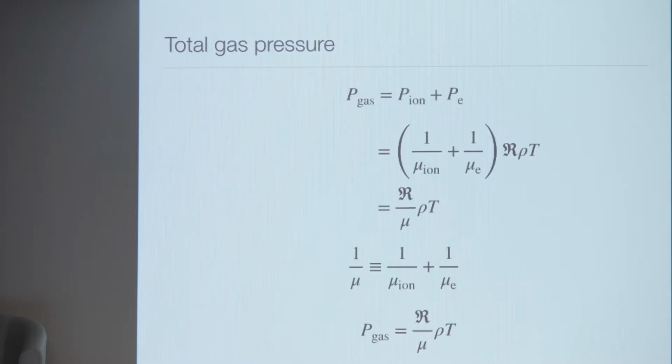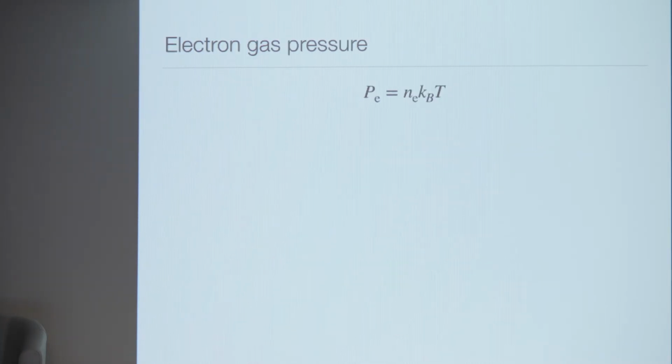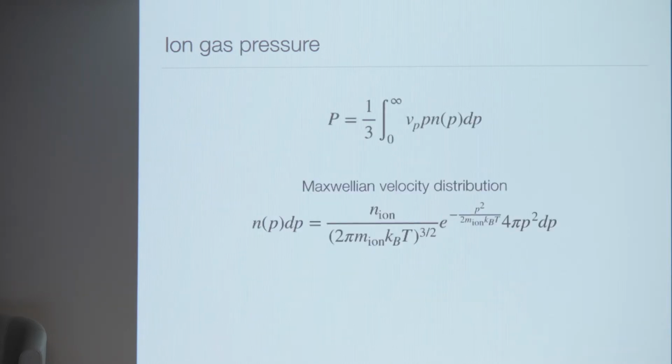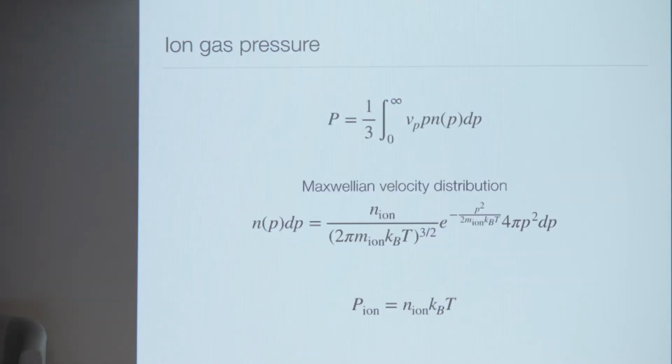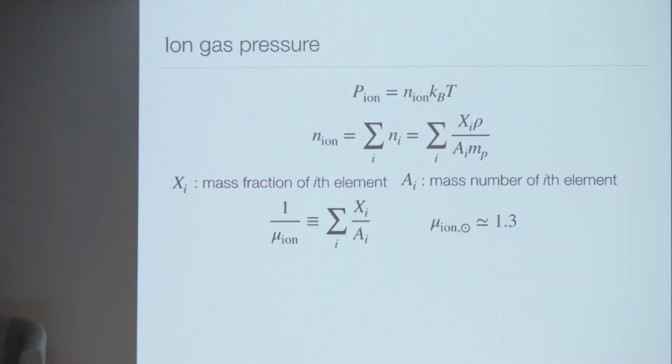Excuse me, for the sun, the mean molecular weight would be something like 1.6. Yeah, something like that. It should be higher than that. Yes, let me see. I should have written that. So this is for ions.